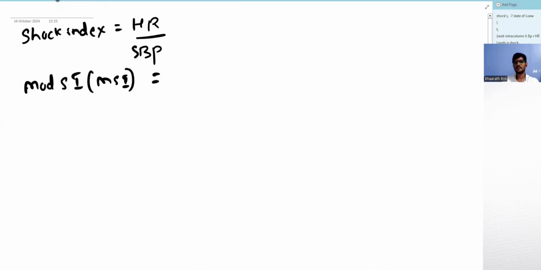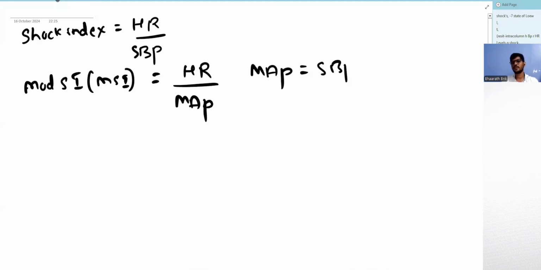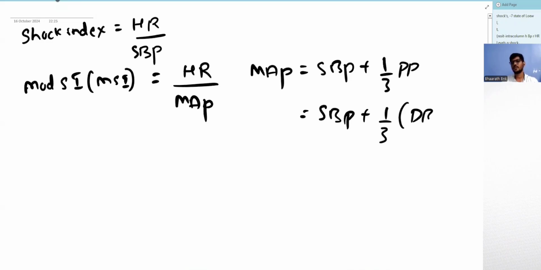So MSI is heart rate divided by mean arterial pressure. This mean arterial pressure is actually the diastolic blood pressure plus one third of the pulse pressure, right? Or you can also write it as diastolic blood pressure plus one third of systolic blood pressure minus diastolic blood pressure. So this is a better indicator.